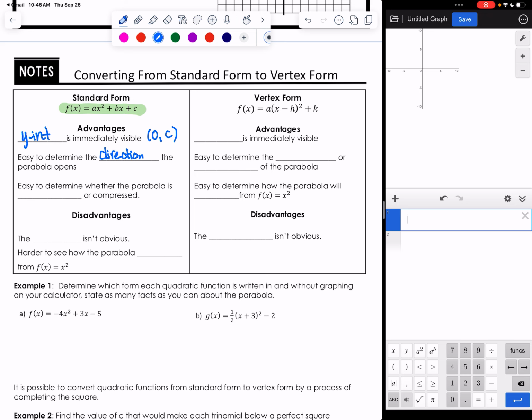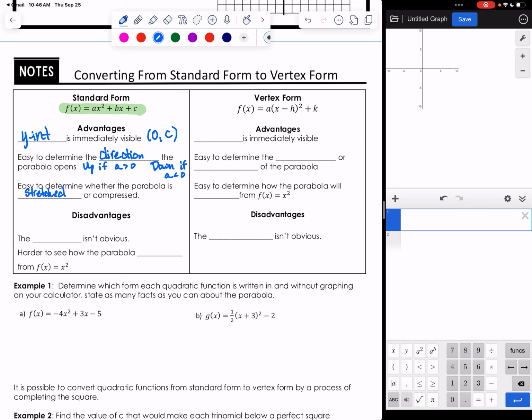So it'll open up if a is greater than 0, and it will open down if a is less than 0. It's also easy to determine whether the parabola is stretched or compressed just by looking at the value of a.